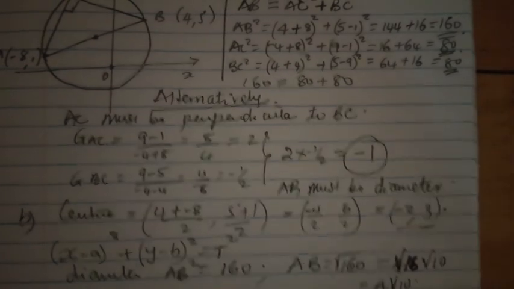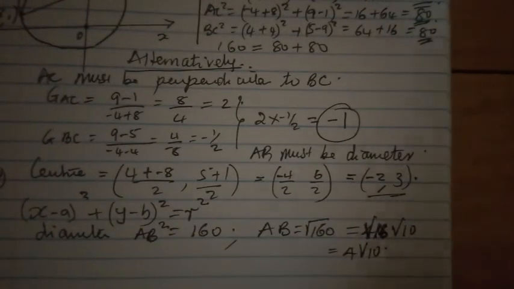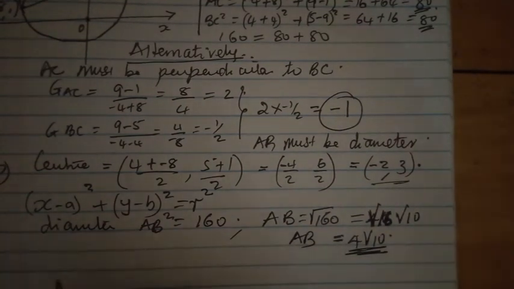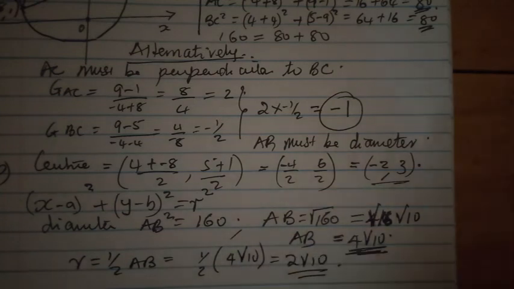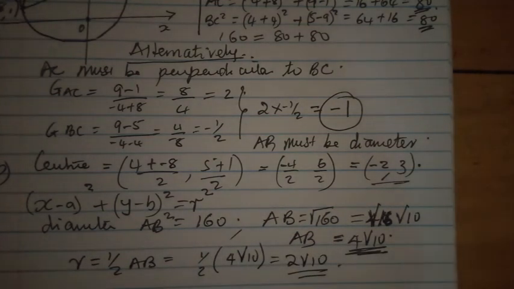That is the magnitude of the diameter. That means the radius is a half of AB, which is a half multiplied by 4 root 10, which is 2 root 10. That is the magnitude of the radius.